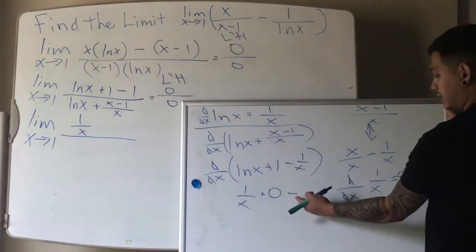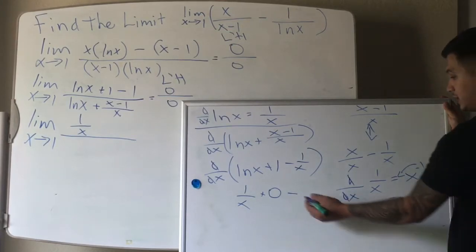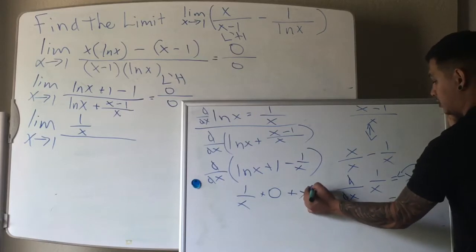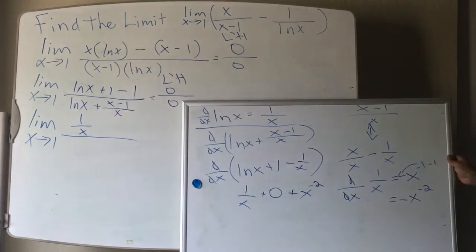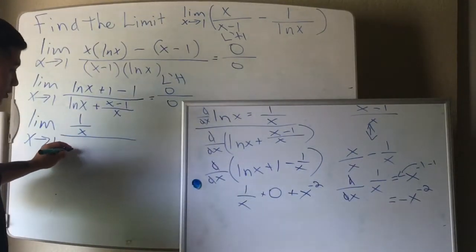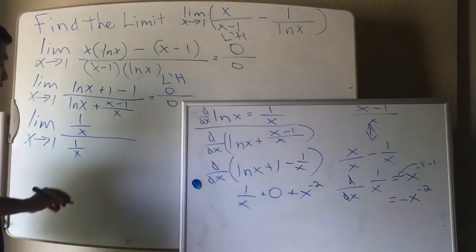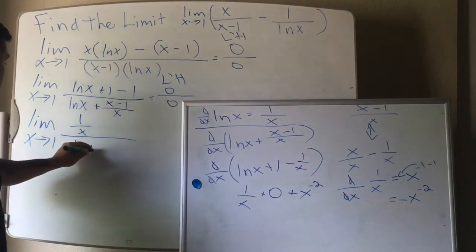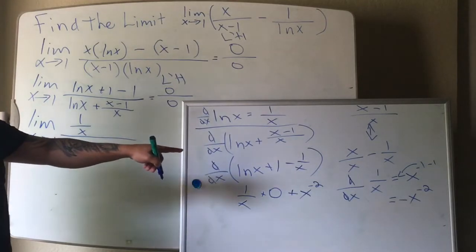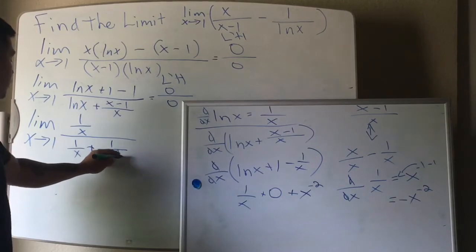So a minus and a minus become a positive. So this becomes positive x to the negative 2. So let's write that down. So this becomes 1 over x plus 0, so we'll leave that out, plus now x to the negative 2 is the same thing as 1 over x squared.